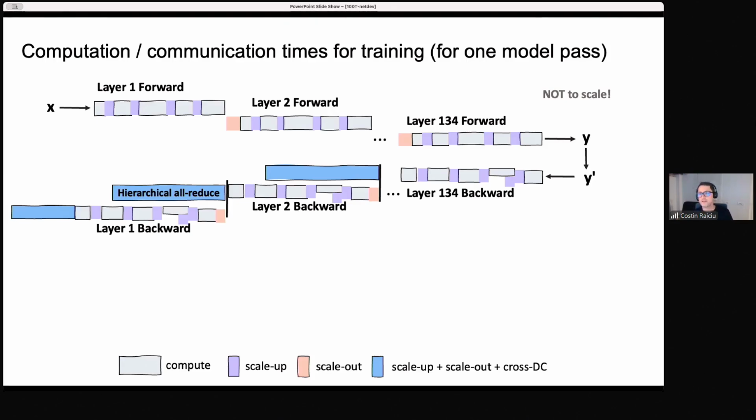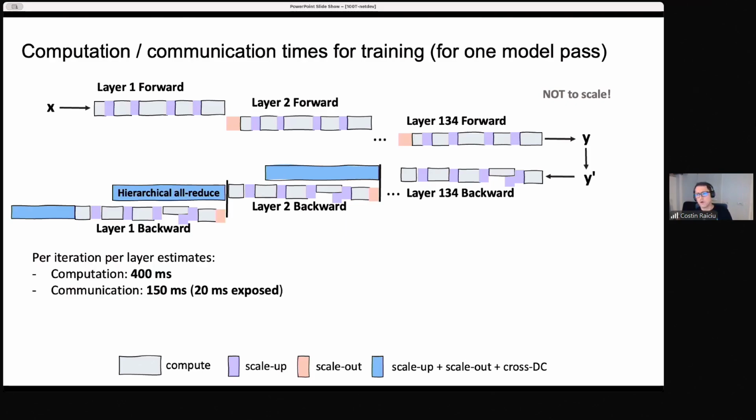And the question is, well, there seems to be a lot of networking here just by eyeballing the whole thing. How much does this cost? So in terms of how much the GPUs are busy, our estimations are that for both forward and backward pass, it takes around 400 milliseconds of GPU compute. Actually, the forward takes 130 and the backward takes 260 milliseconds.